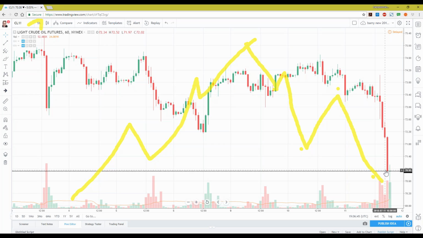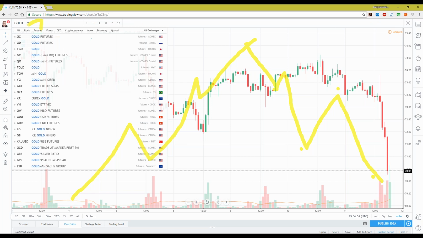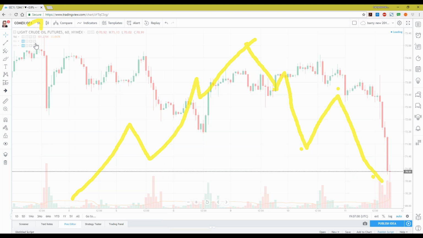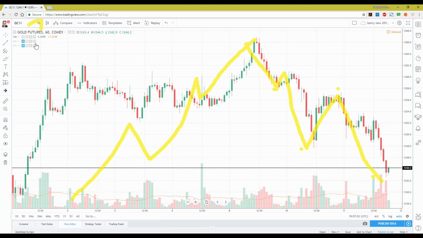But that's not trend trading. There are other ways to trade those events, but for trend trading, we are looking for assets that are forming nice, well-constructed trends.